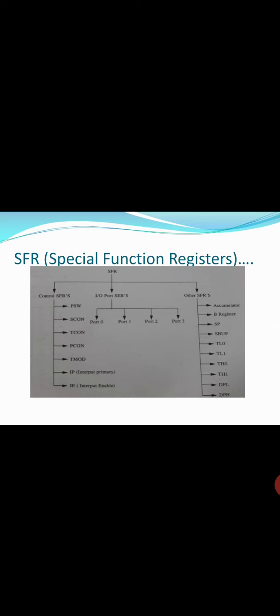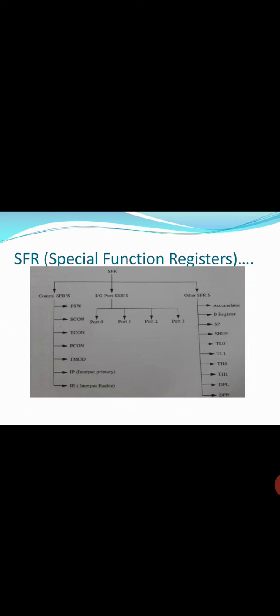In control special function registers we have PSW, that is program status word, SCON is serial control special function register, TCON is timer control, PCON power control, TMOD timer mode, IP interrupt priority register, and IE interrupt enable register.